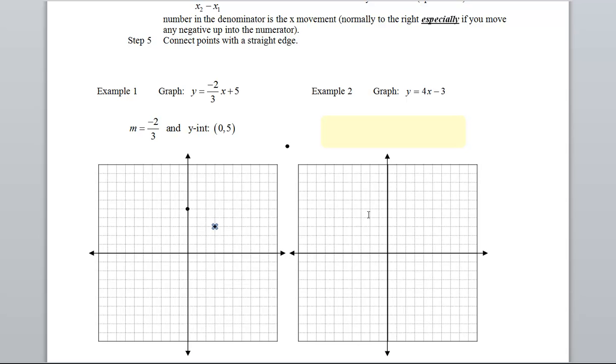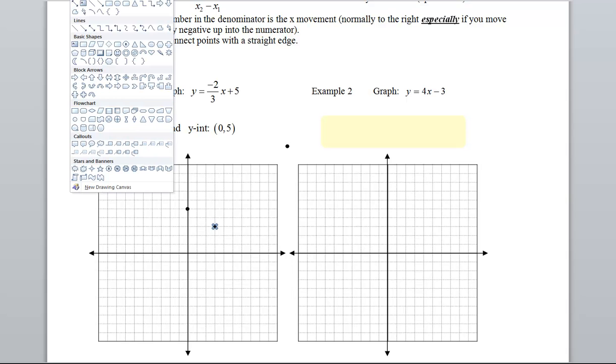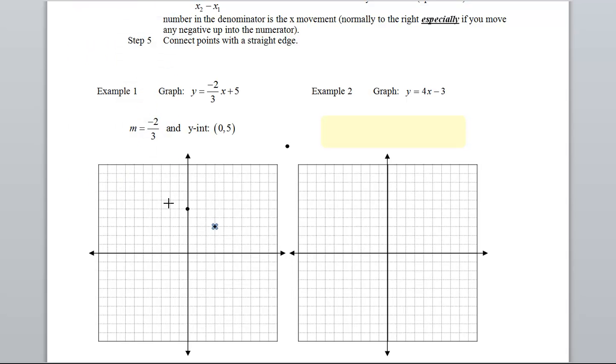And now I'm ready to connect those, and this will be the hard part for me. Let me move it down. Not bad. So there's the graph of that particular straight line.